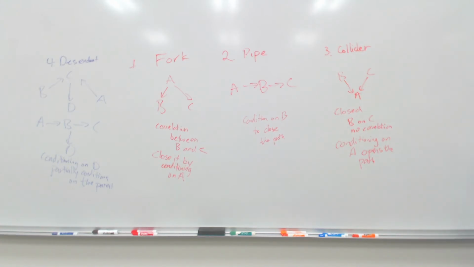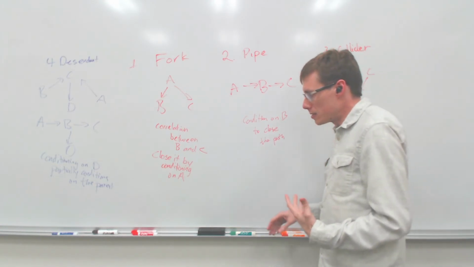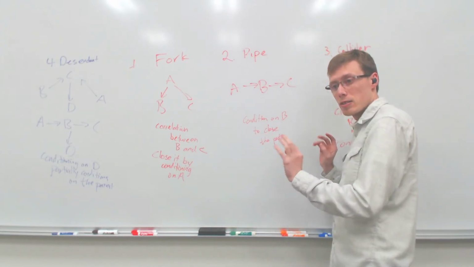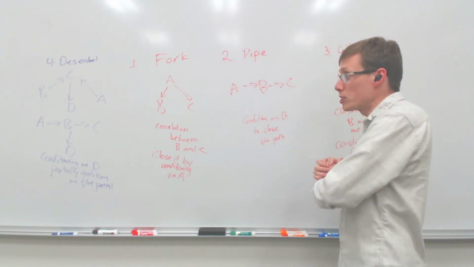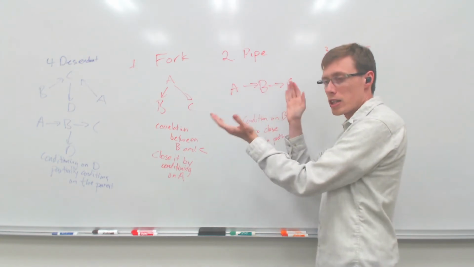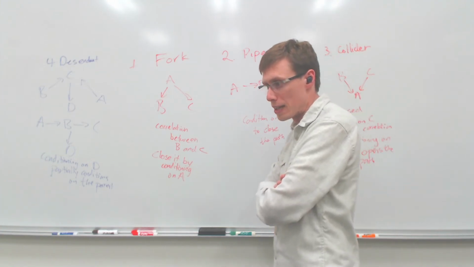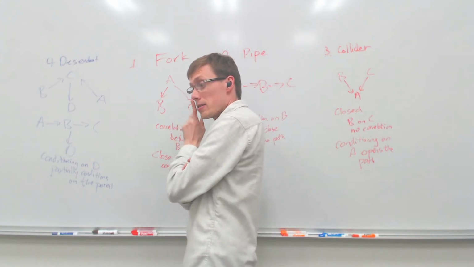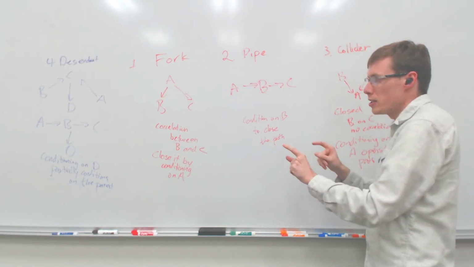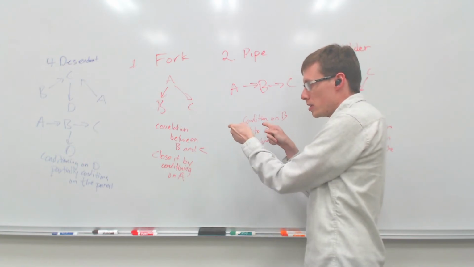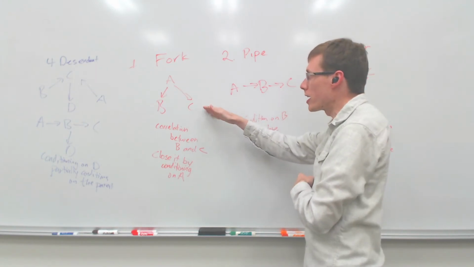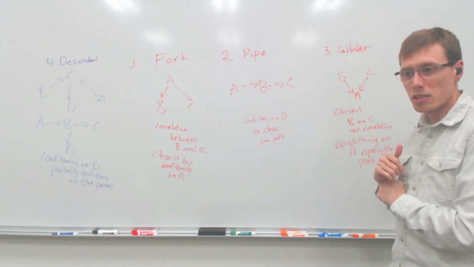So those are the four. And the idea is that if you want to get the direct causal effect of one variable on another, the first thing you've got to do is come up with your directed acyclic graph for the relationship between all the variables. That's the first task. If you can do that, then your goal is to figure out how to measure the effect between the two without picking up a whole bunch of other confounds or accidentally conditioning on a collider.